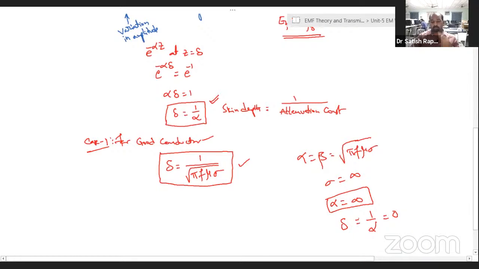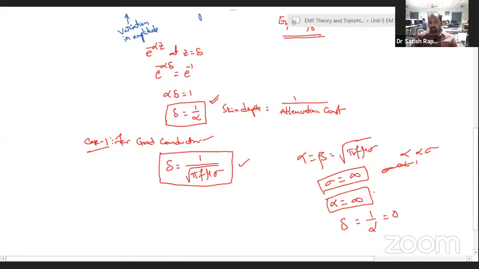So for a good conductor, conductivity is infinite, and alpha is directly proportional to sigma. If conductivity is infinite, the attenuation constant is also infinite.